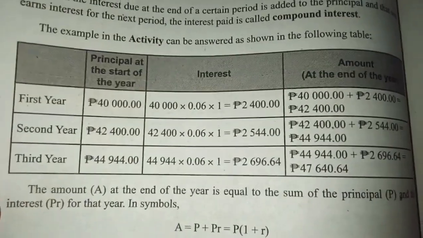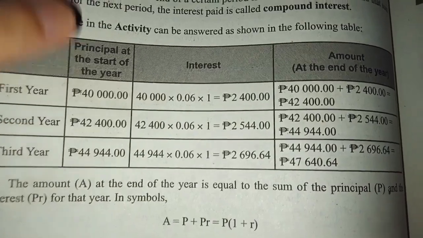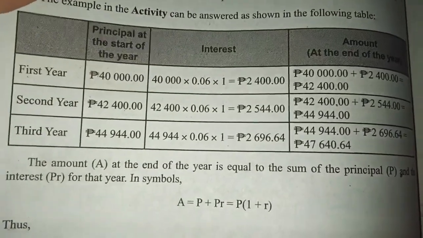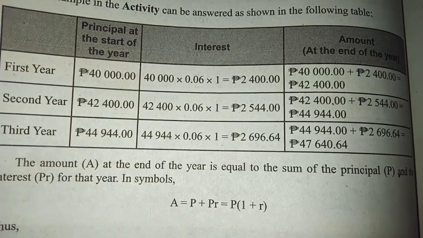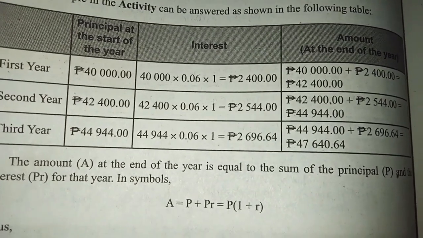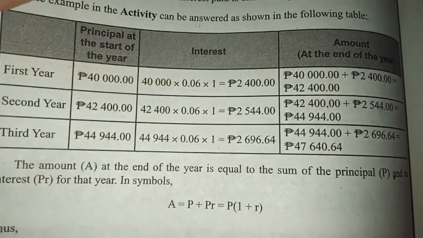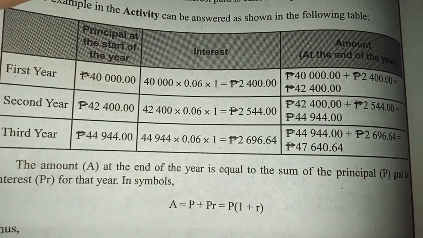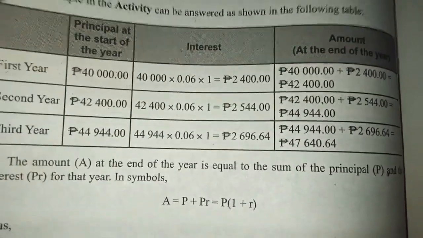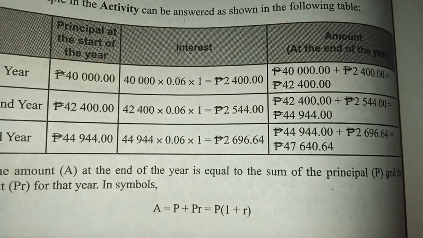So the amount A at the end of the year is equal to the sum of the principal P and the interest PR, P times R. In symbols, amount is equal to principal plus principal times rate equals principal times 1 plus the rate.